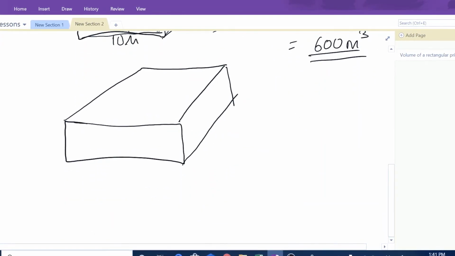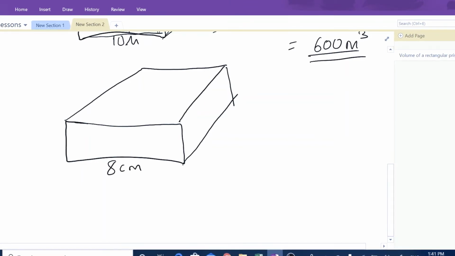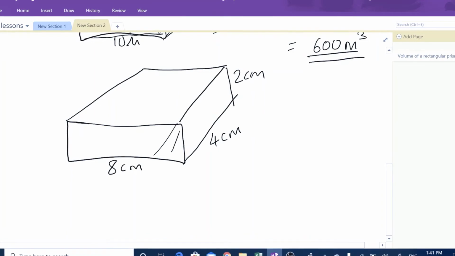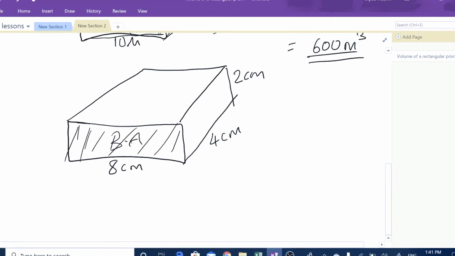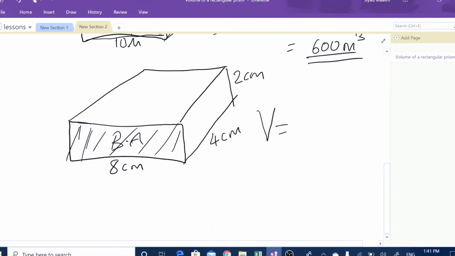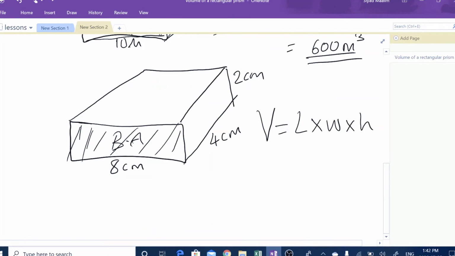The length is, say, 8 centimeter, the width is 4 centimeter, and the height is 2 centimeter. Similarly, the base area is a rectangle. This is the base area. An area of a rectangle is length times width. Therefore, in general, the volume of a rectangular prism is always equal to length times width times height.